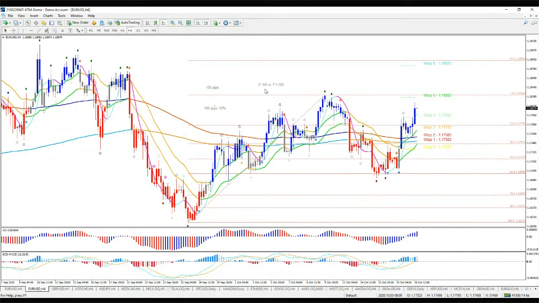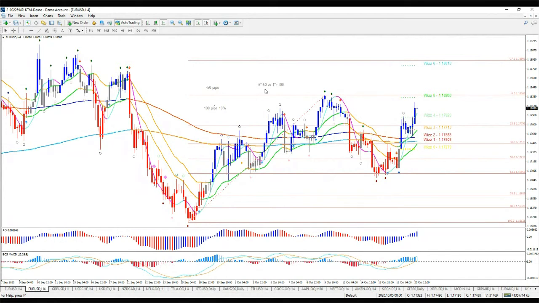So 5 times minus 50 is minus 250, plus 1 times plus 100 is 100, so you lost 150 pips. But you managed to gain 5% in terms of percentage, in terms of your account, in terms of profitability.